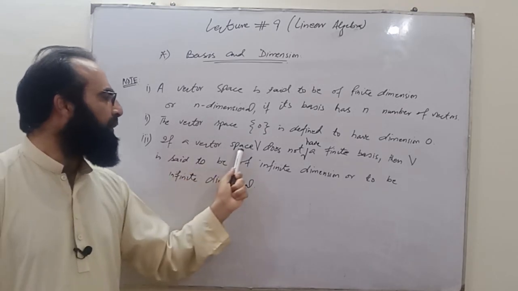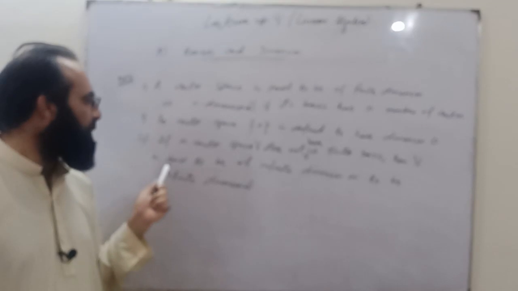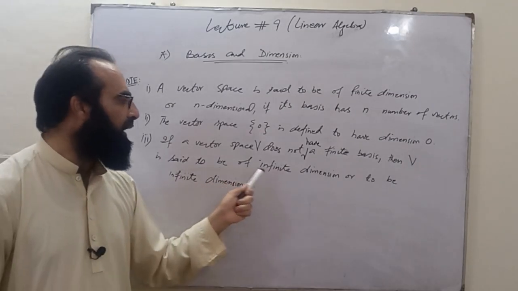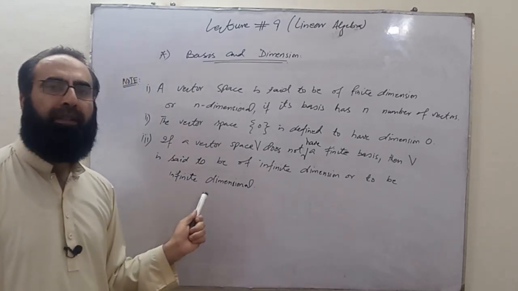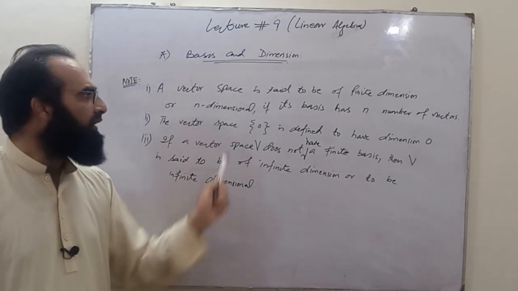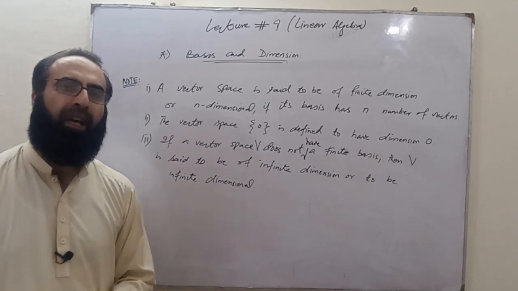If a vector space does not have a finite basis, then such a vector space is said to be of infinite dimension or to be infinite dimensional.